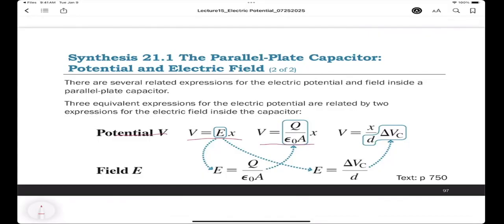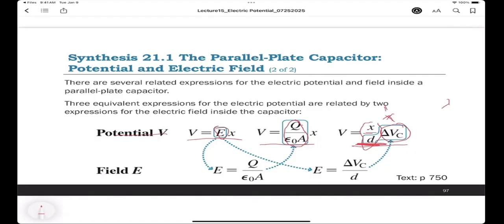Because E equals this one, Q for the capacitor plate, and also you can use this one because this is the voltage difference between the two plates. This is the position of the charge, and this is the total distance.